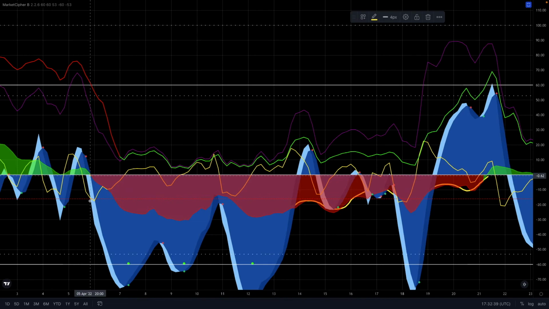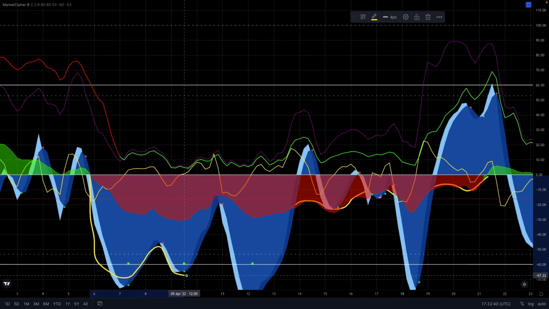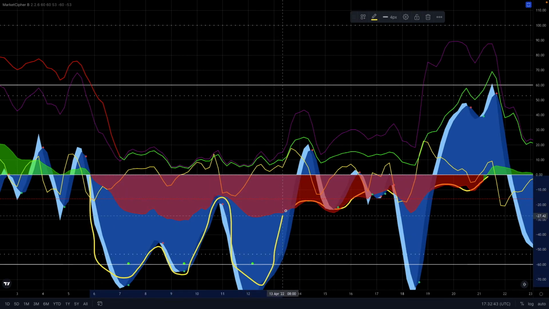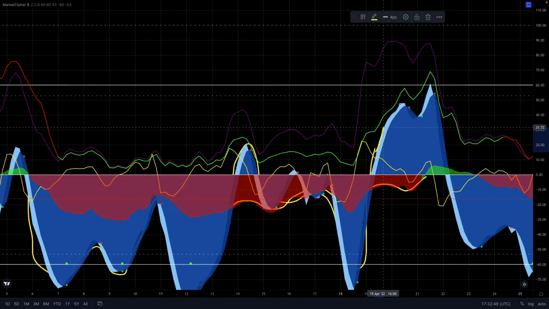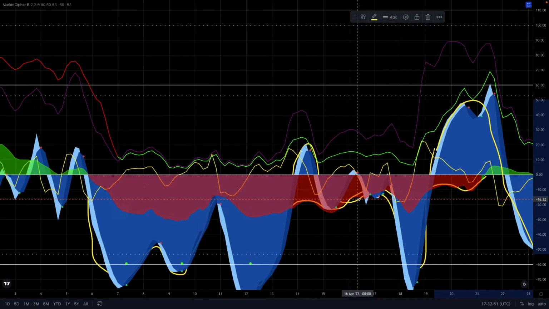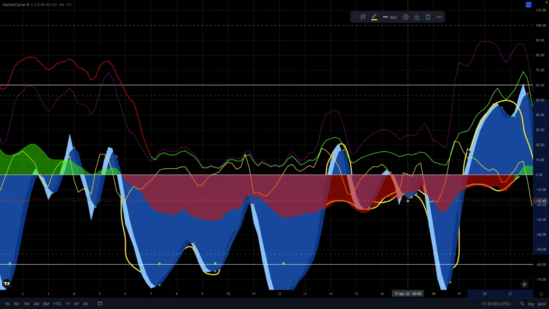See the momentum here, it went up, came down. You understand? Came up, came down. This is how liquidity works. Sorry, momentum has also been negative for a while.